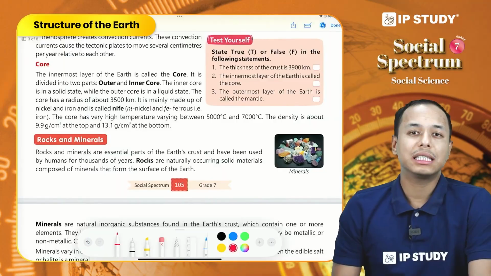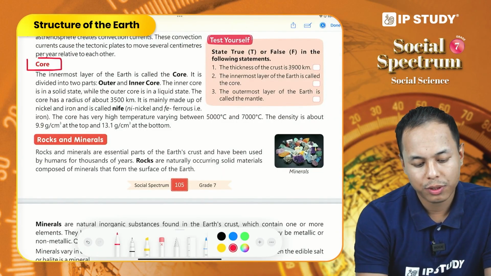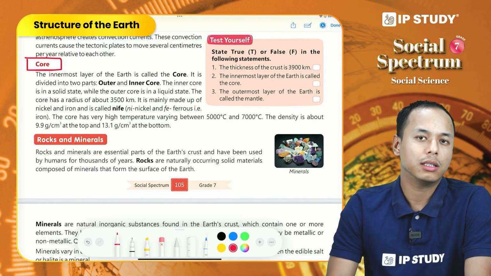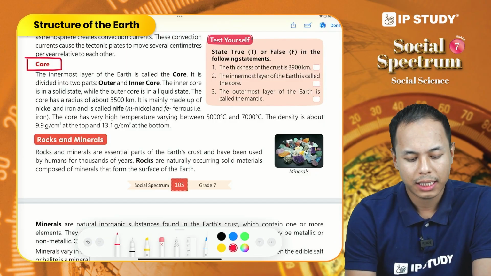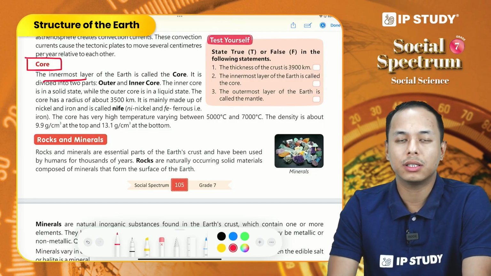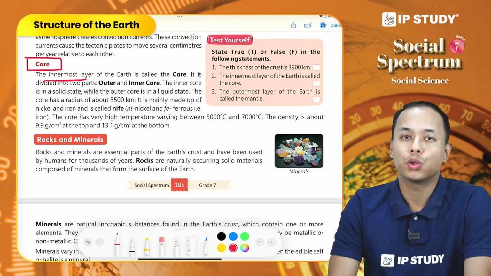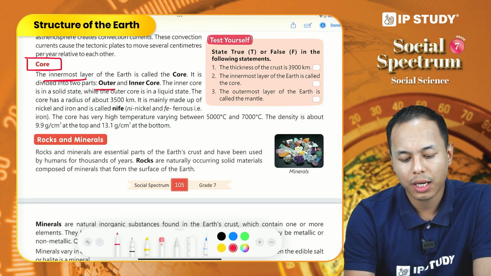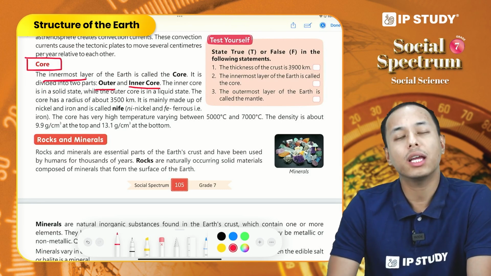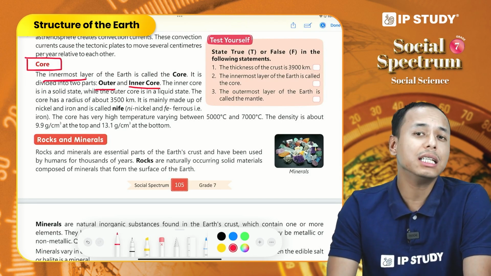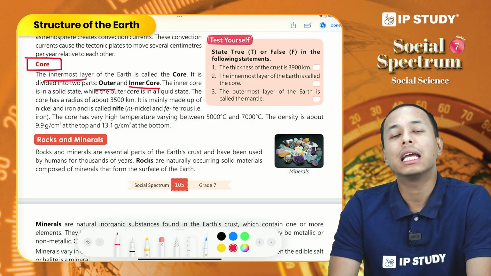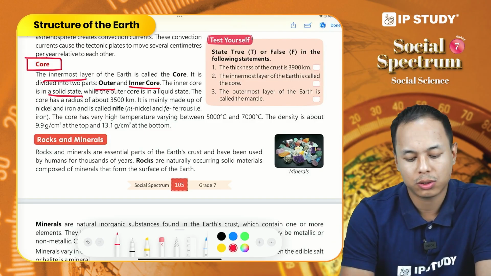So now let us see the core, which is the third layer of the Earth's interior. Okay, so core is the innermost layer of the Earth, and it is divided into 2 parts, outer core and inner core. Okay, so outer core is mostly in liquid state, while inner core is mostly in solid state.